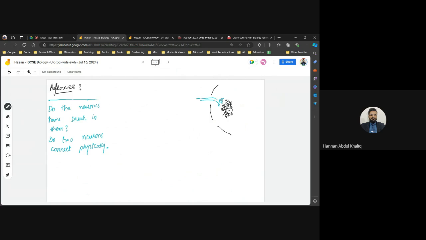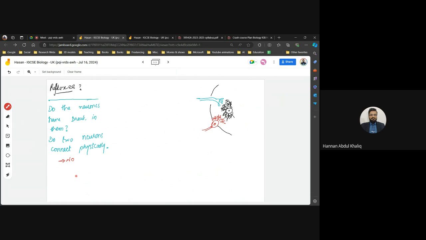Similarly, over here, you will also see many dendrites, but none of them would be touching any dendrite. This is the motor neuron, the cell body of the motor neuron, but none of the axons from the relay neuron are touching the dendrites of the motor neuron. Why is that? Because the answer to this question is no.